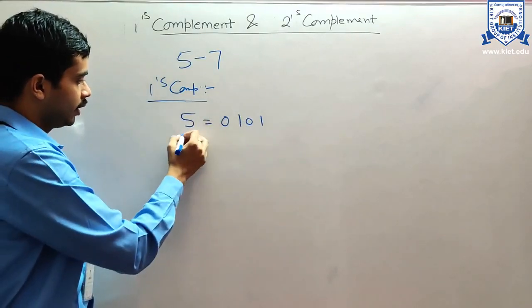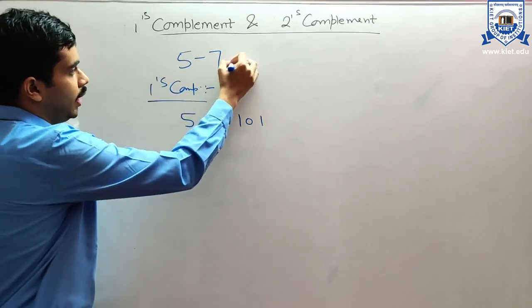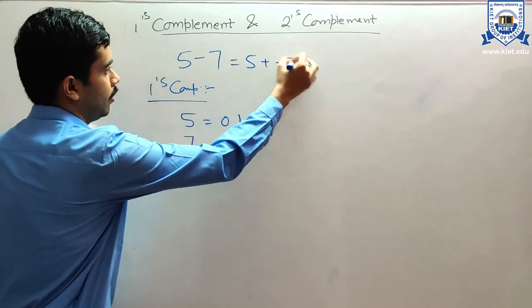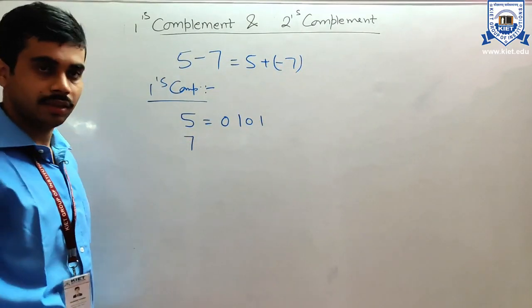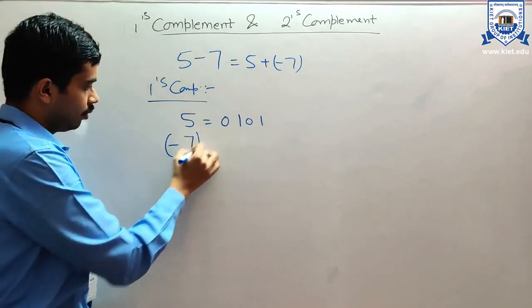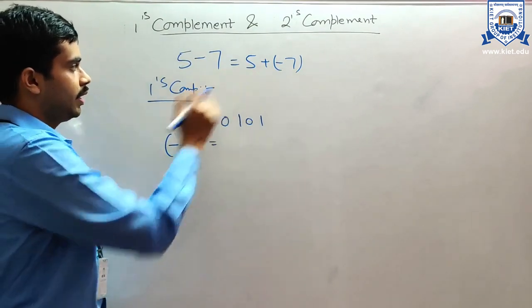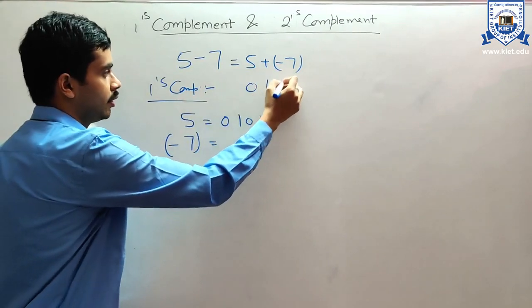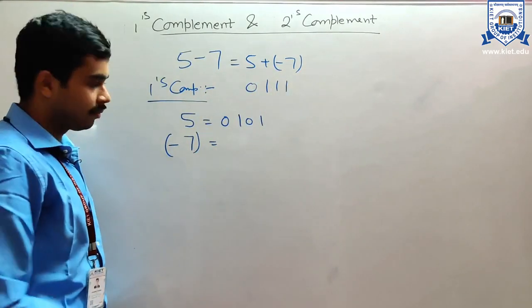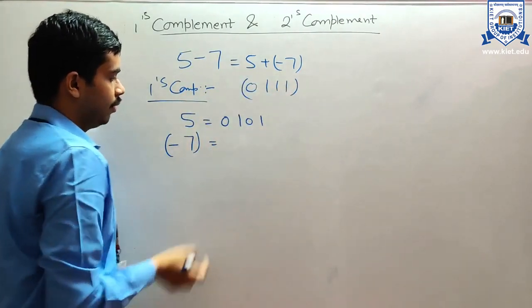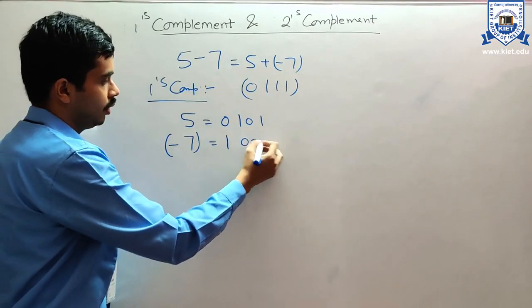So we can write it as 5 plus minus of 7. Minus 7 will be the 1's complement of plus 7. What is plus 7 in 4 digits? It will be this, so the 1's complement will be 1 0 0 0.